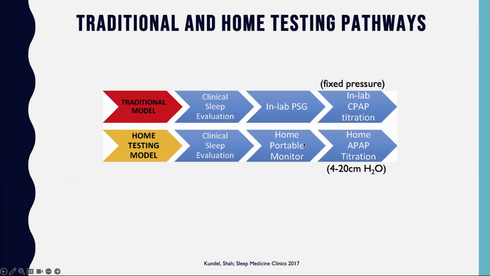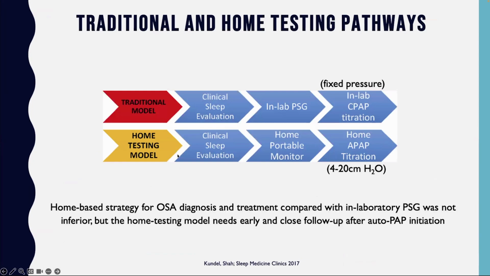And then if it shows sleep apnea, you can order an auto CPAP machine, which is a smart machine with a pressure set between 4 to 20 centimeters of water, and it can determine the pressure that the patient needs at different times in the night. This home-based testing model for diagnosis and treatment of sleep apnea compared with in-lab sleep study is really non-inferior.